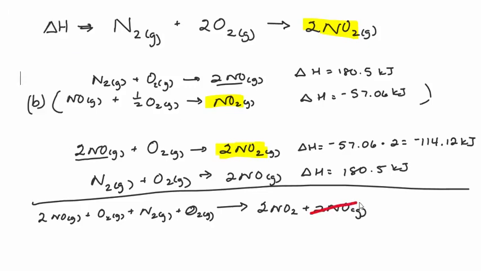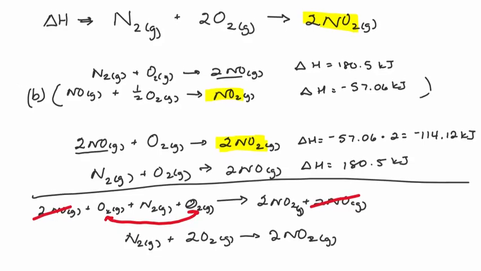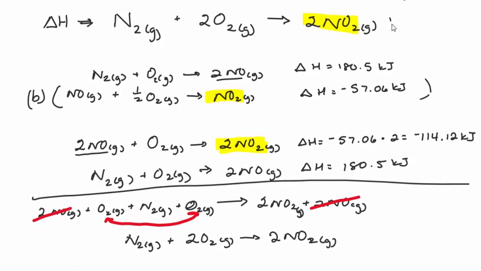So my 2NO crosses out with 2NO, and I'm going to combine these two. Then my overall reaction becomes N2 gas plus 2O2 gas reacts to form 2NO2 gas. If you've added your pieces of reactions together properly, you should end up with the target equation.